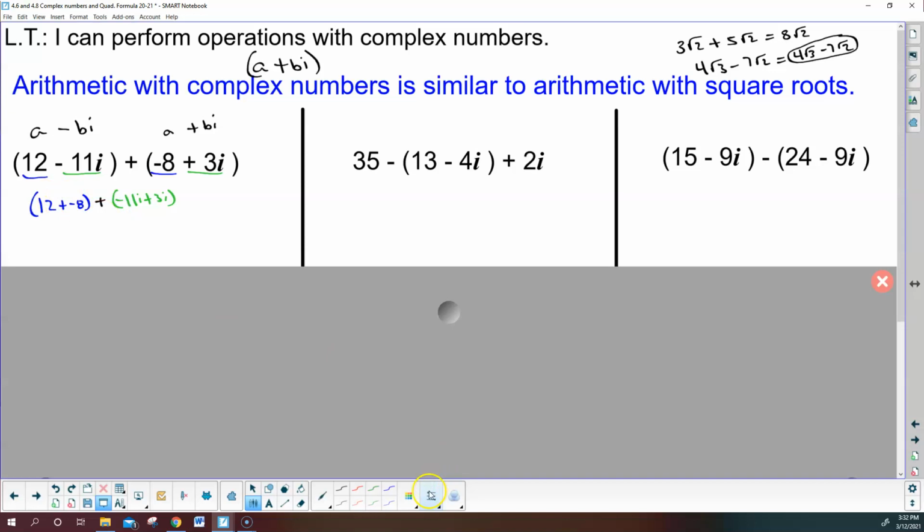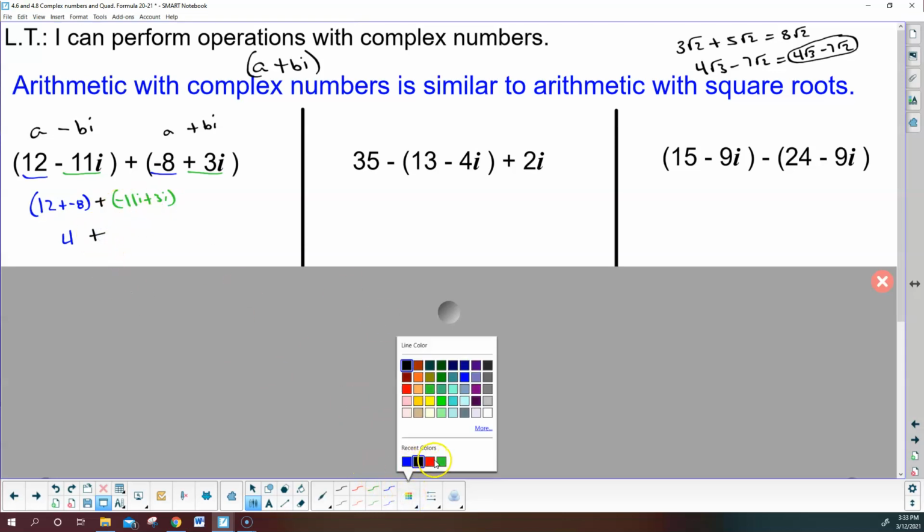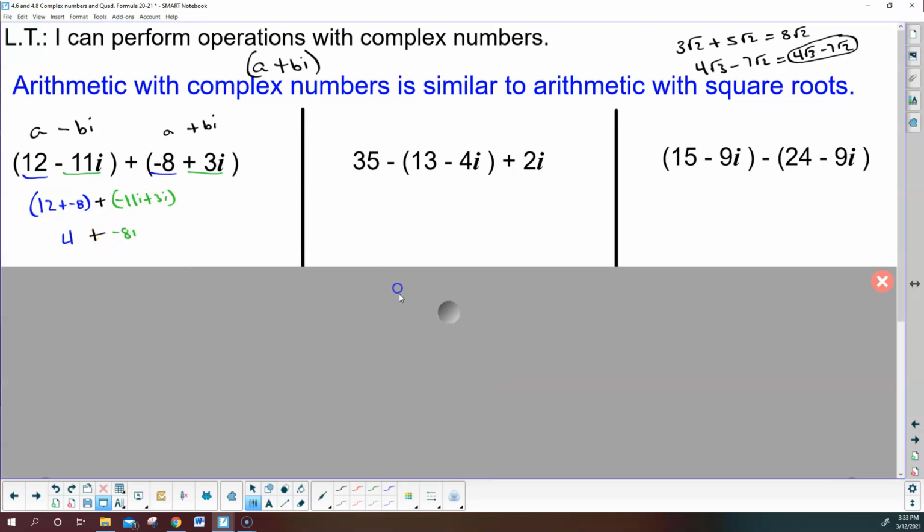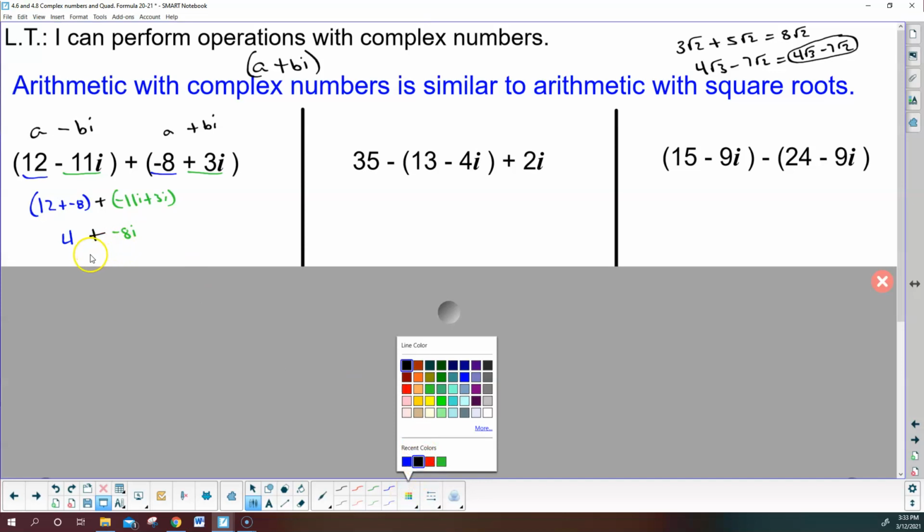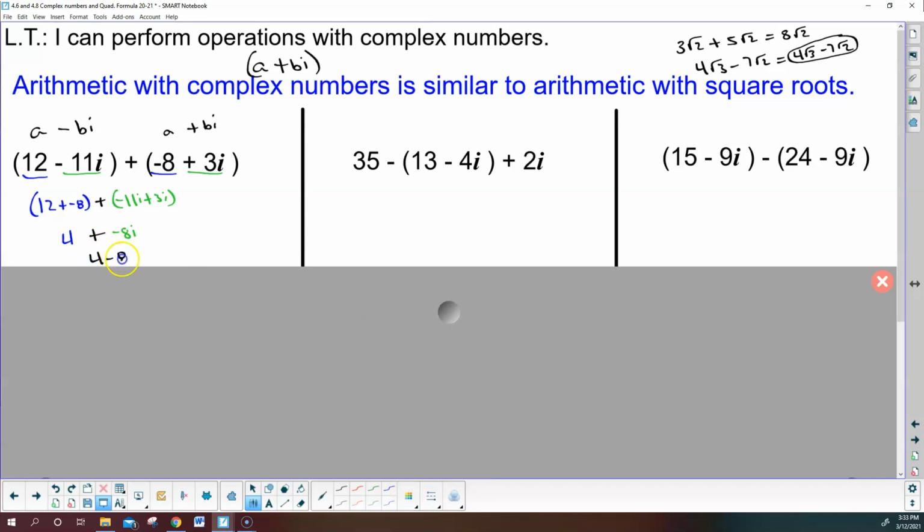Right, so here's my real portion. What do I get? I end up with a positive 4 plus the imaginary portion, negative 11i plus 3i is negative 8i. And this is in the form of a plus bi, or because it's negative, we could even write this a little friendlier, and we could write it as 4 minus 8i.